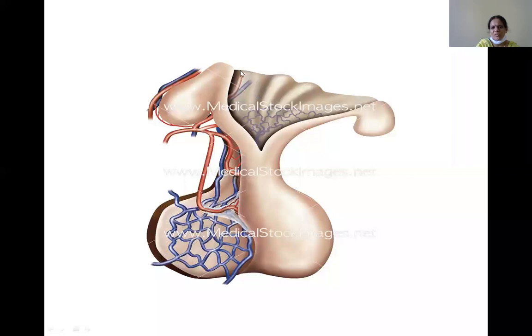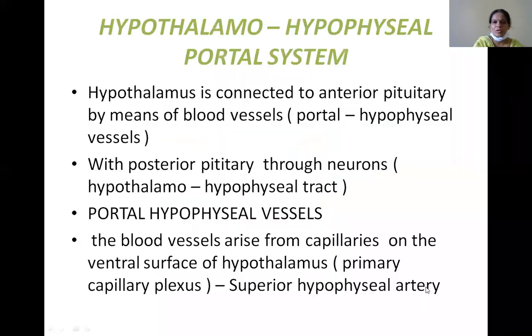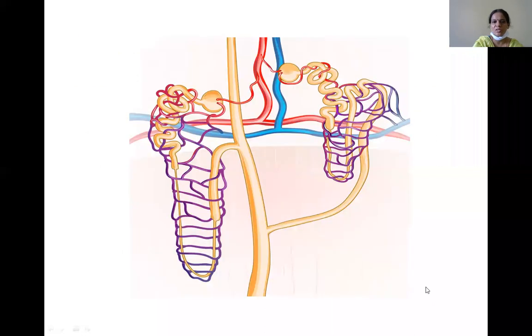In the hypothalamus, different hormones are synthesized, and they travel down through these capillaries into the anterior pituitary through this plexus. The other one is the differences between the cortical nephrons and the juxtamedullary nephrons.